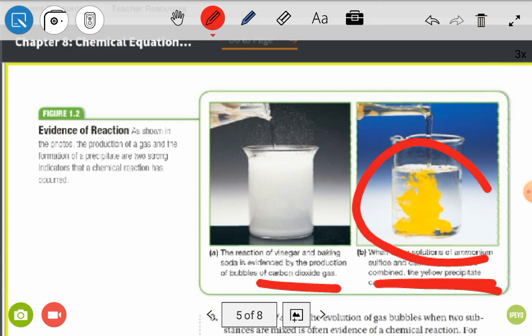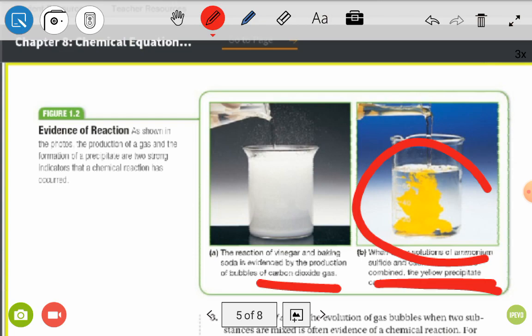So we can say that the indicators for a chemical reaction to occur could be a color change in the form of a precipitate, it could be the formation of gas, it could be producing heat. Some chemical reactions are going to produce heat and light.